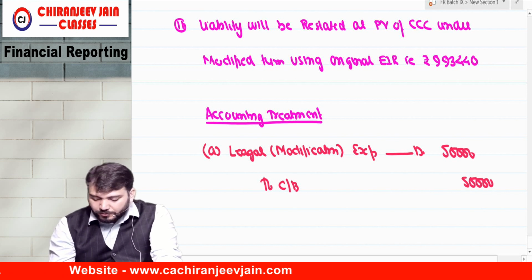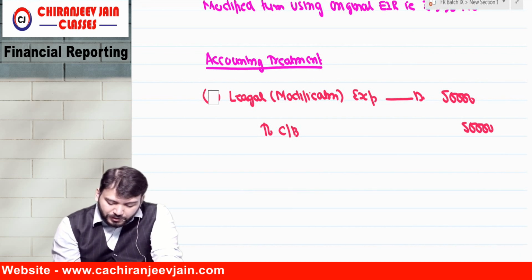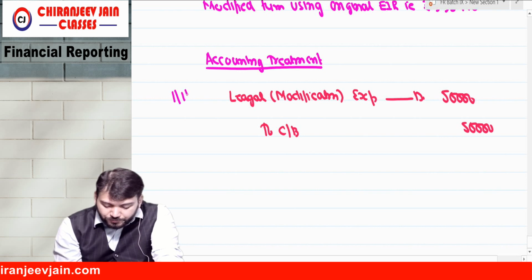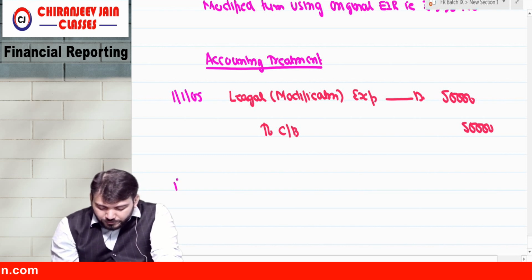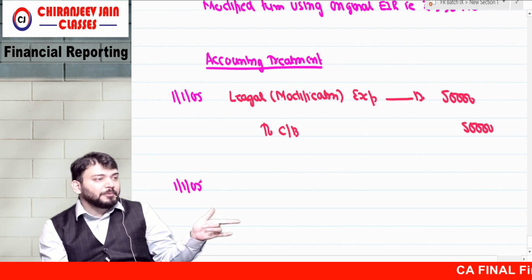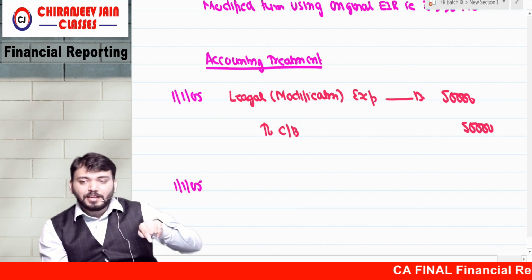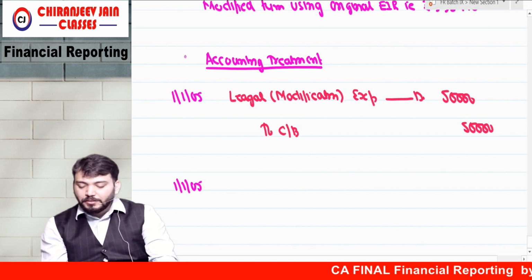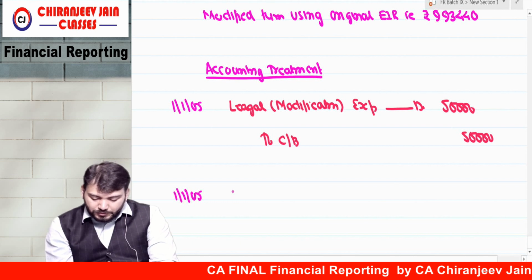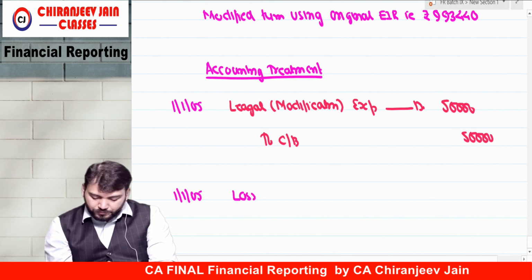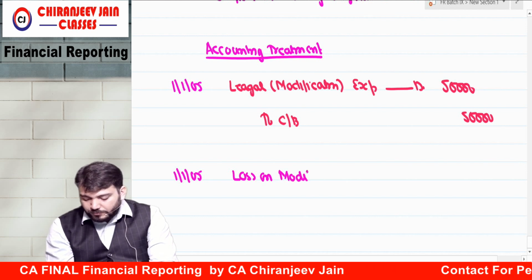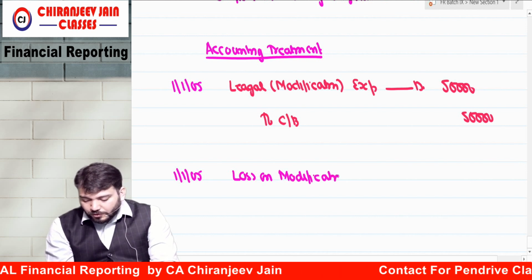This journal entry we are doing on 1/1/2005, correct? Then on 1/1/2005 the liability will decrease. Initial liability was 10 lakh, now restated at 9 lakh 93,440. What is the difference? Loss on modification.